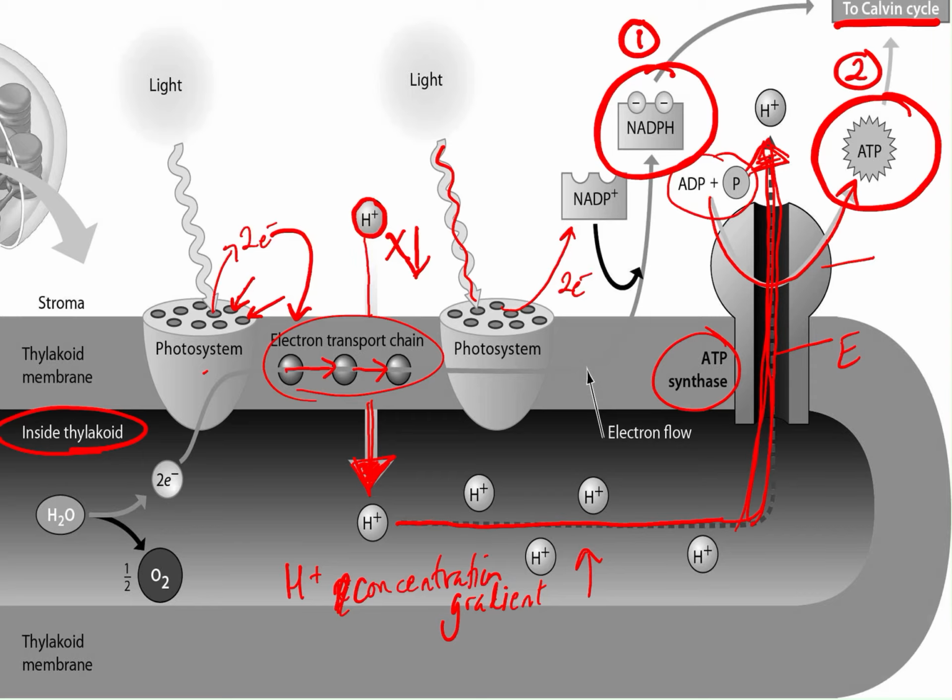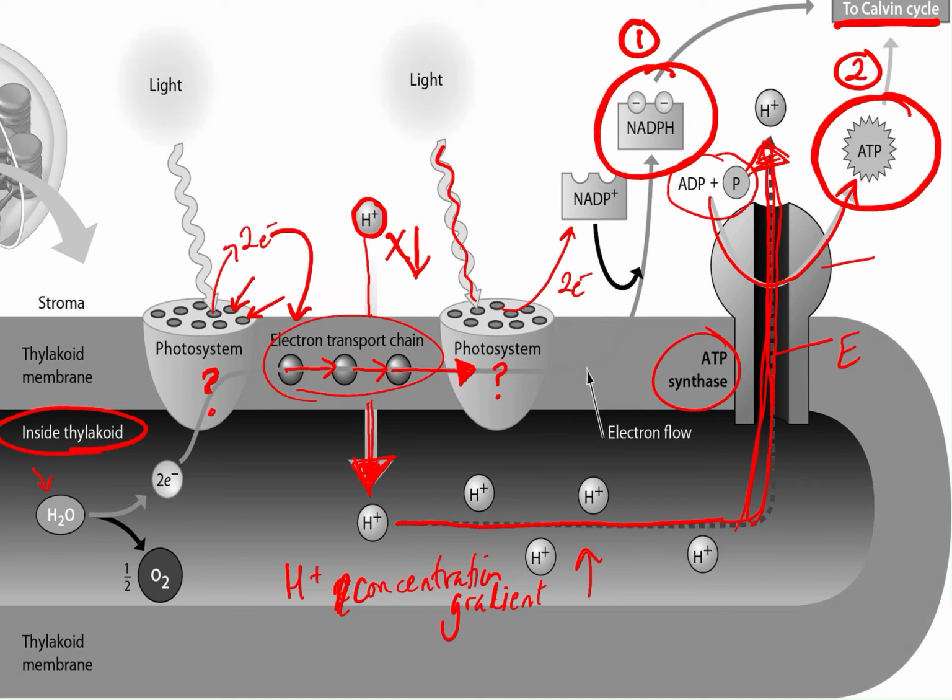Now, remember refilling those electrons from our reaction center chlorophyll. In this photosystem, how are the electrons put back? They just come down the chain and get refilled from the first photosystem. In this photosystem, where do our electrons come from?